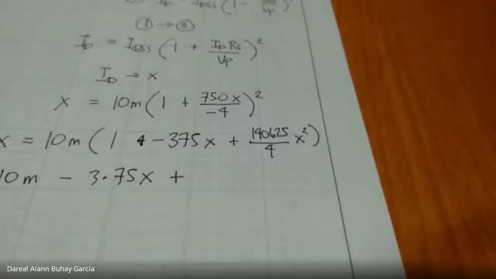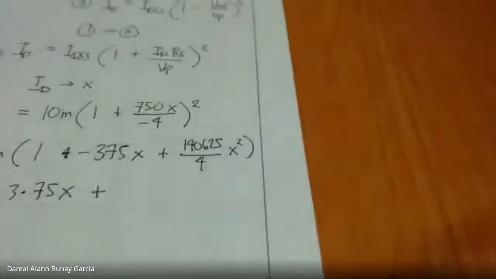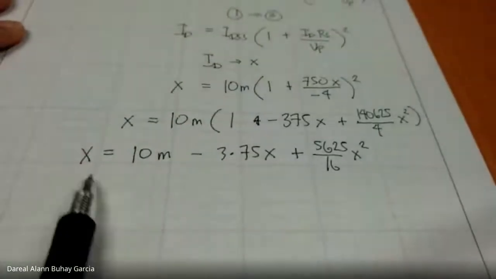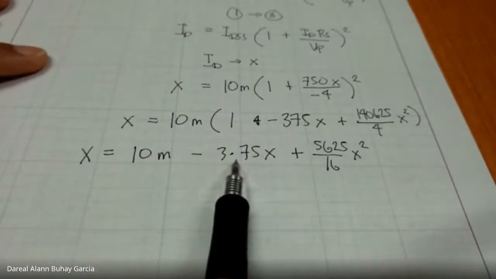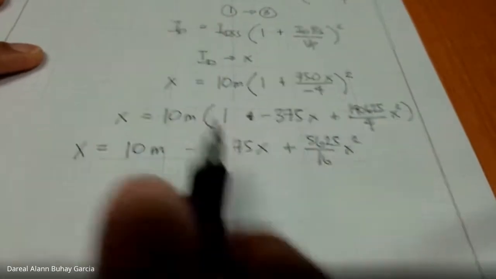Okay lang, hulat lang ako. Then minus 1 dire para mo-equal siya sa quadratic equal to 0.